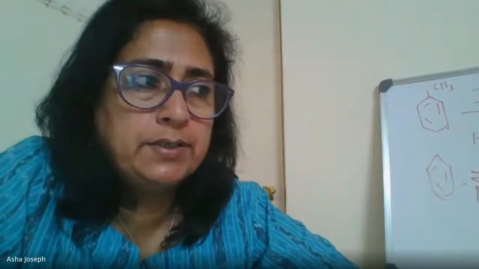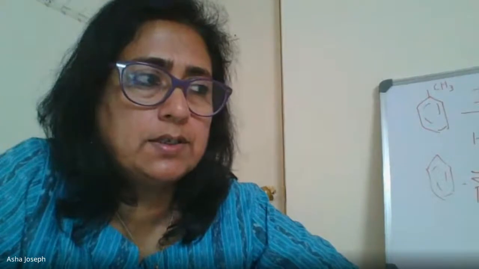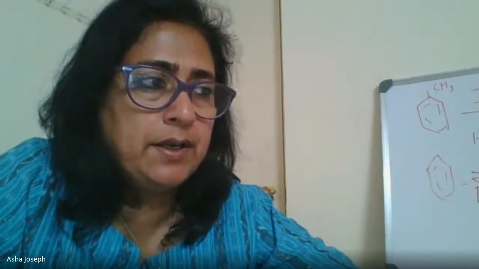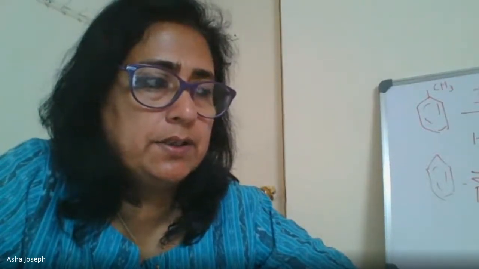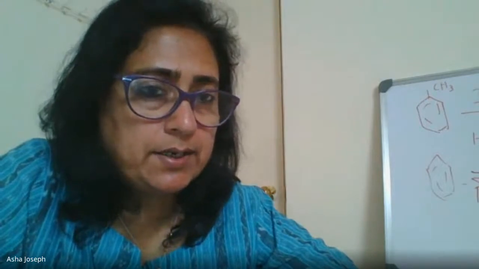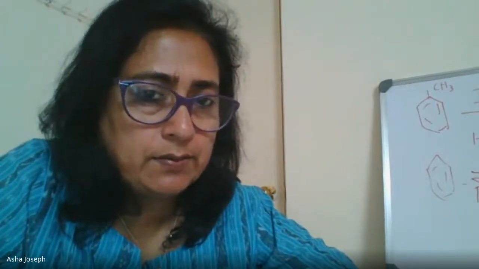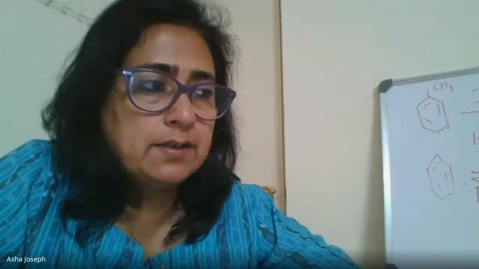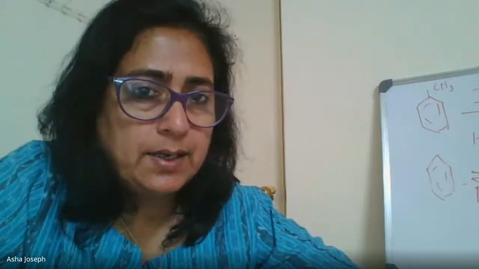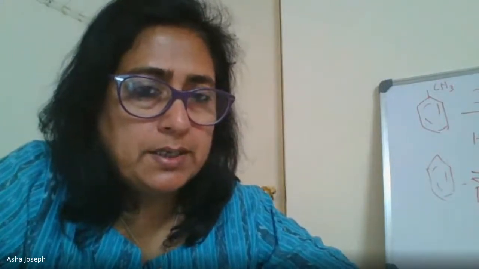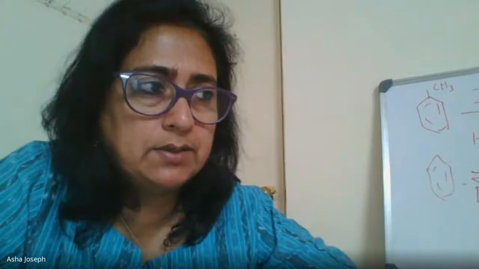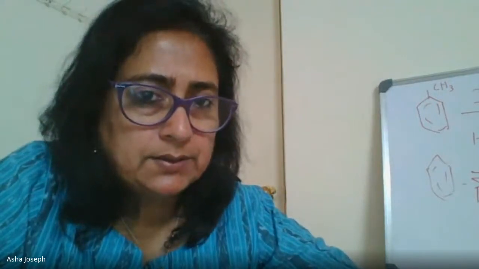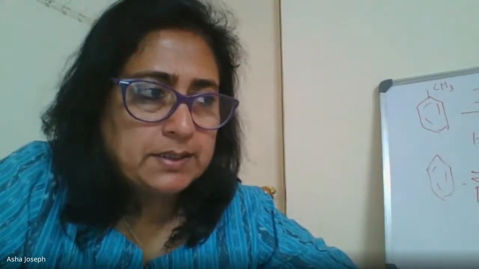Ma'am, can you repeat the first point? First point, the first sentence you wrote: when the electrophilic substitution reaction is carried out with iodine, HI is formed as a byproduct. HI will convert aryl iodide to aromatic hydrocarbon.